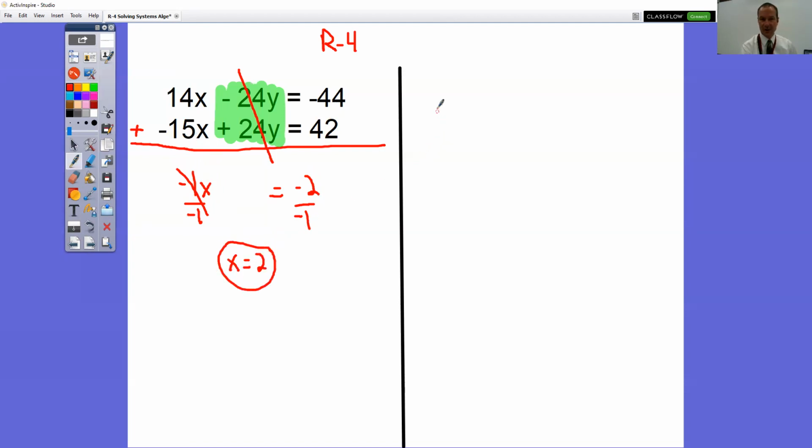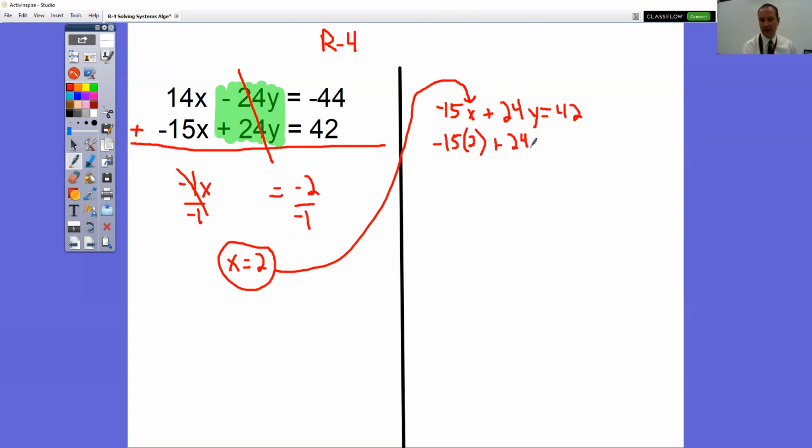You can choose either equation to sub it back into. This one's sort of a pain to sub it back into, but that's okay. When you go to sub it back in, you want to sub it in the correct spot. So we solved for x, so we need to sub it into the x spot. So -15 times 2 plus 24y equals 42. -15 times 2 is -30.